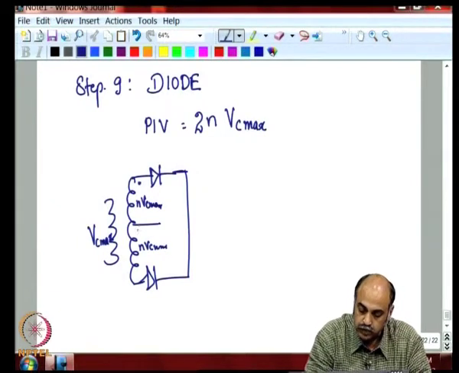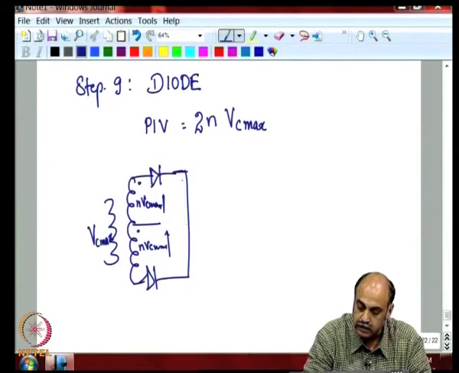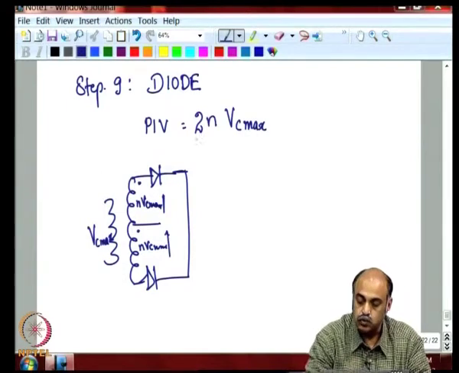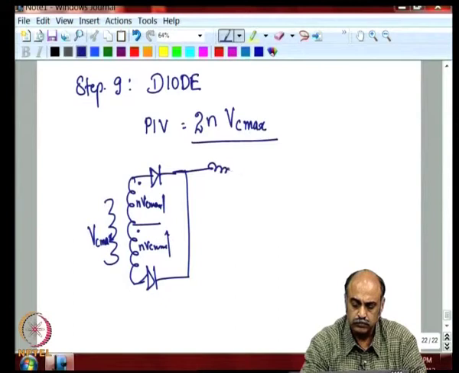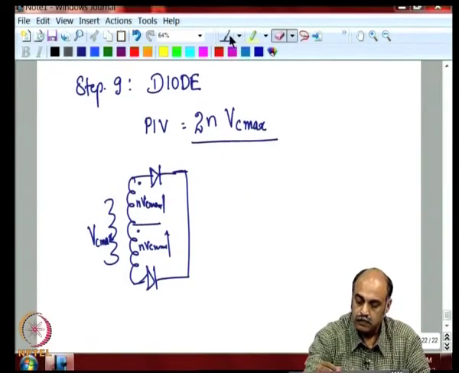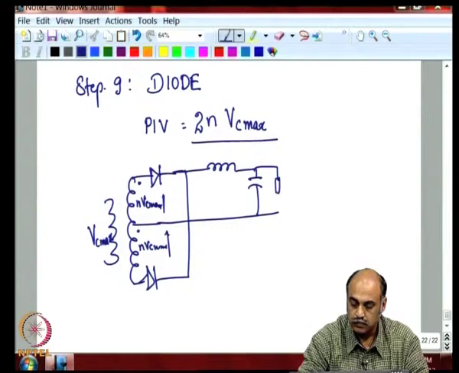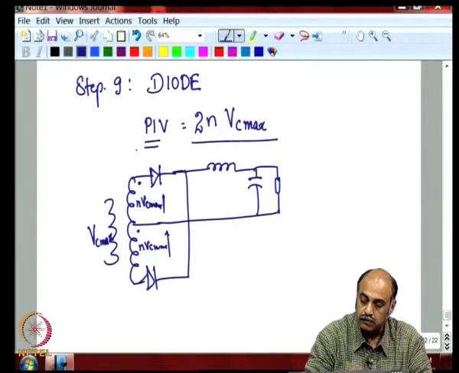So, if this is the dot polarity, you have these two adding up, and then one is conducting, the other one is not conducting, and what is appearing across that is 2 n Vc max. You can complete the circuit like that. Okay. So, this should be the peak inverse rating of the diode, it should be greater than this.